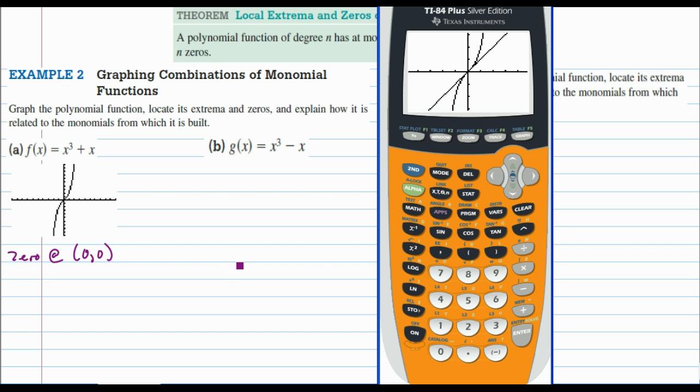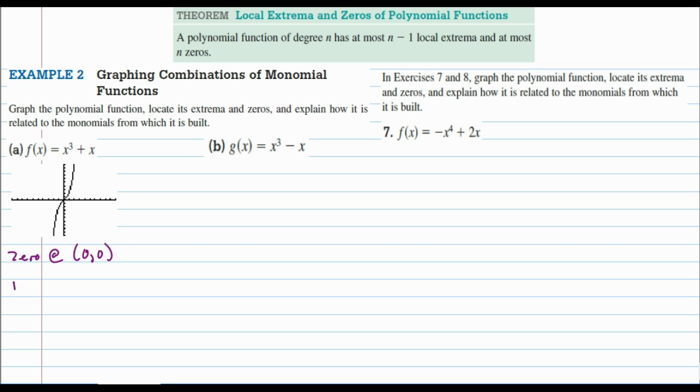So I'm going to say in my explanation, the ends of f of x look like y equals x cubed. The middle towards the y-axis looks like y equals x.